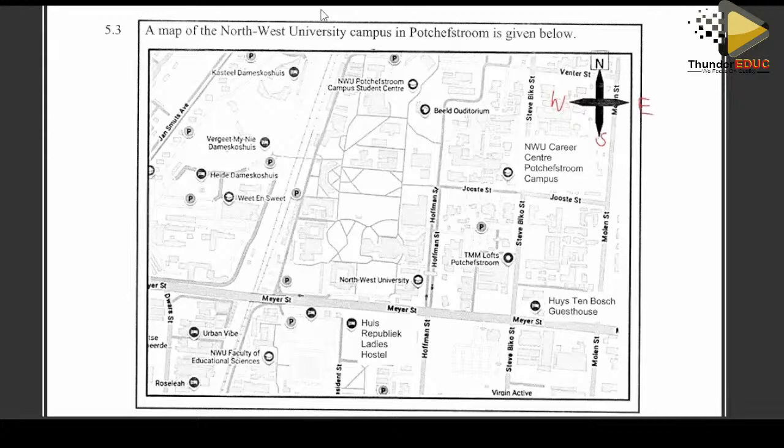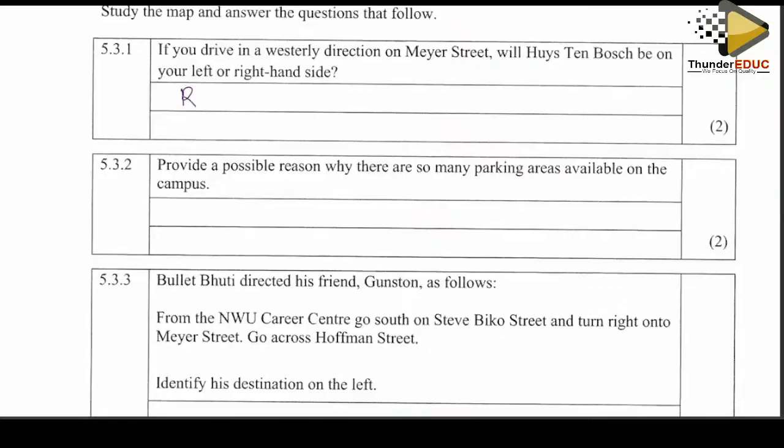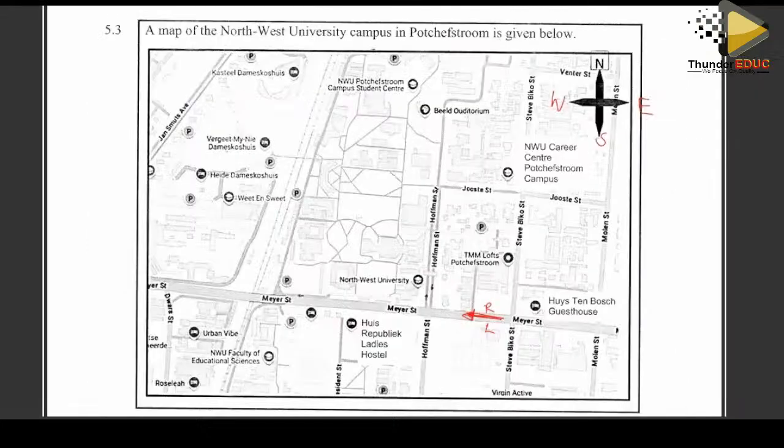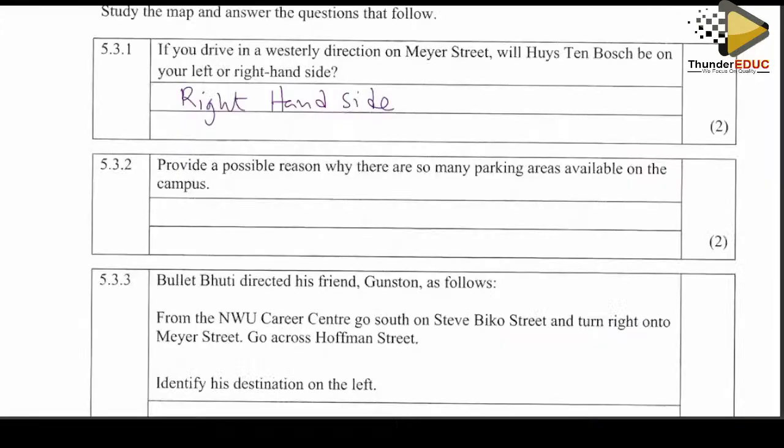If you're moving westerly, you're heading this side, so this is your right-hand side and this is your left-hand side. So this one's supposed to be on your right-hand side. Had they said easterly, this would be your right and this your left. But the question says westerly, so they're heading that side.